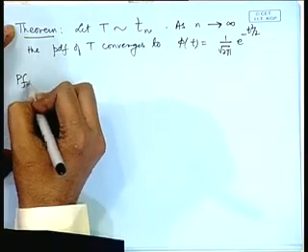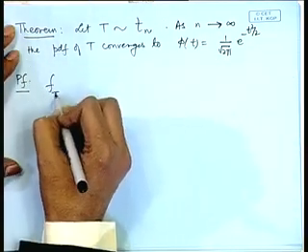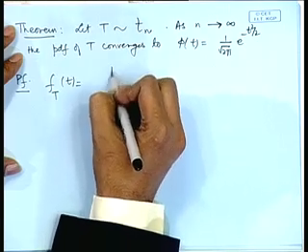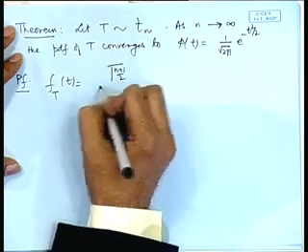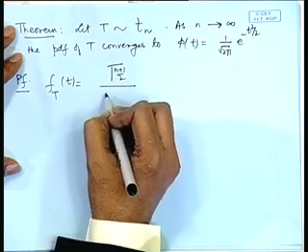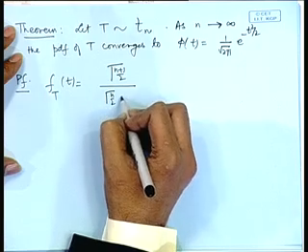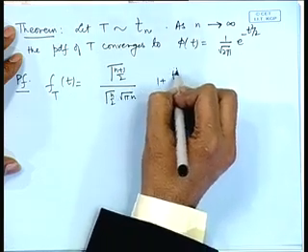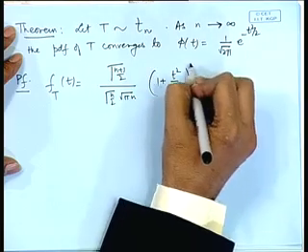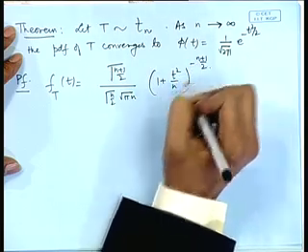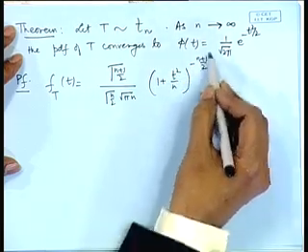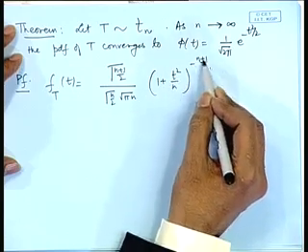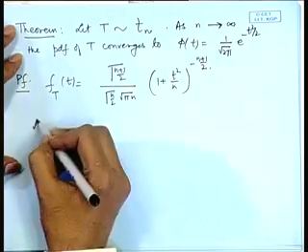So, to prove this, let us write down the density function of t as derived, that is gamma of n plus 1 by 2 divided by gamma n by 2 root pi n, and 1 plus t square by n to the power minus n plus 1 by 2. Now, you observe this term as n becomes large or n tends to infinity, this converges to e to the power minus t square by 2.